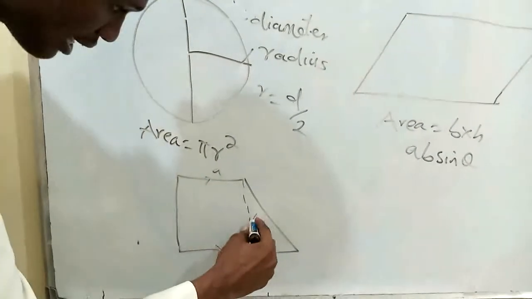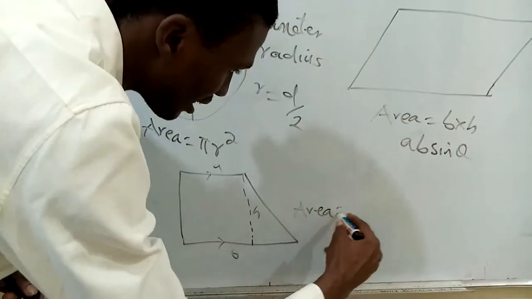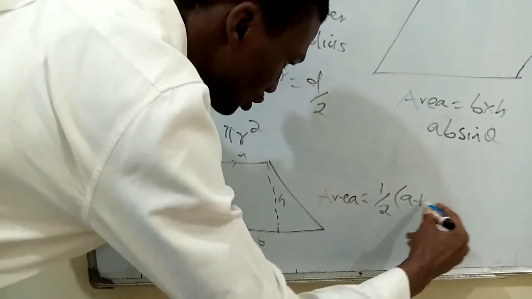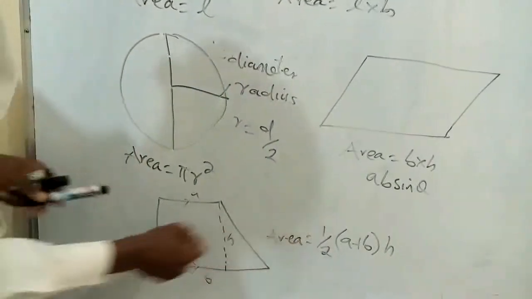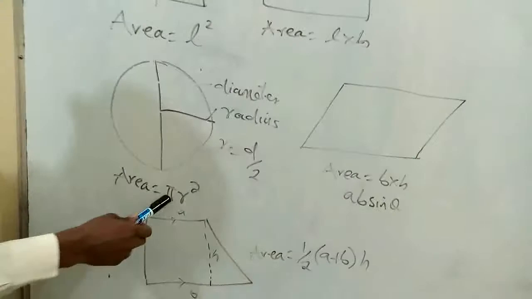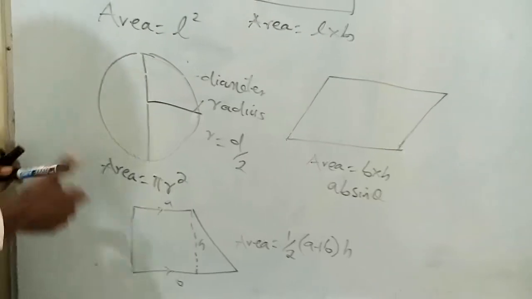So this is our height. The area for our trapezium is given as half into bracket A plus B, times our height. Remember, A and B are the 2 parallel and unequal sides.